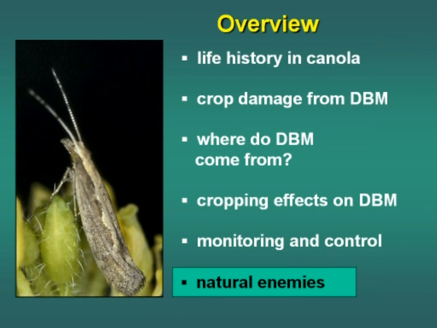I'd like to conclude with what I think is actually about the most important section right after monitoring and control, and that is the role that natural enemies can play, because this can affect whether it's necessary to apply insecticide to crops for Diamondback moth in Alberta or Saskatchewan or Manitoba.